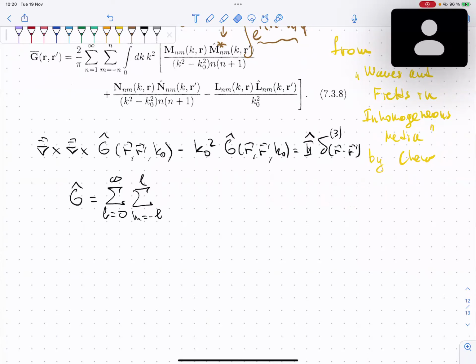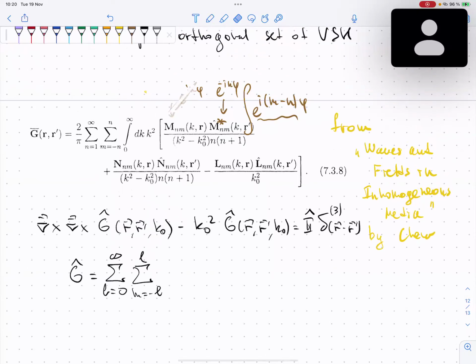Maybe I can find it quickly. Yeah, this hat is basically complex conjugation. It's just the complex conjugate.